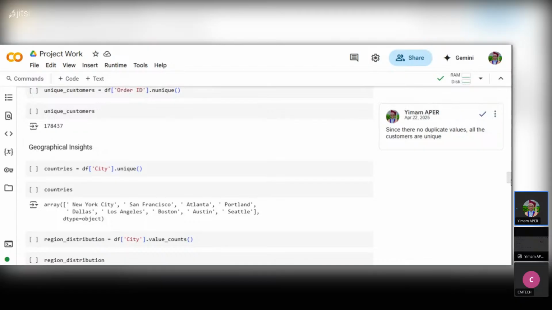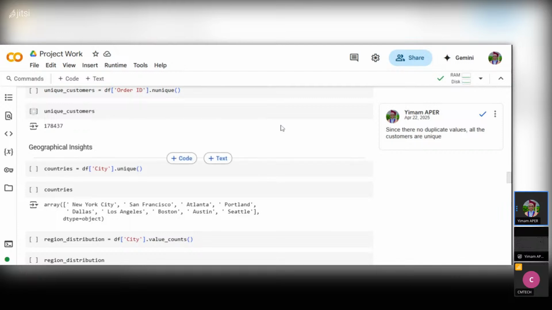Geographical insight. We're moving to the geographical insight. The question was which countries are included in the data set? For me to know the number of countries included, I declared countries equal to DF city.